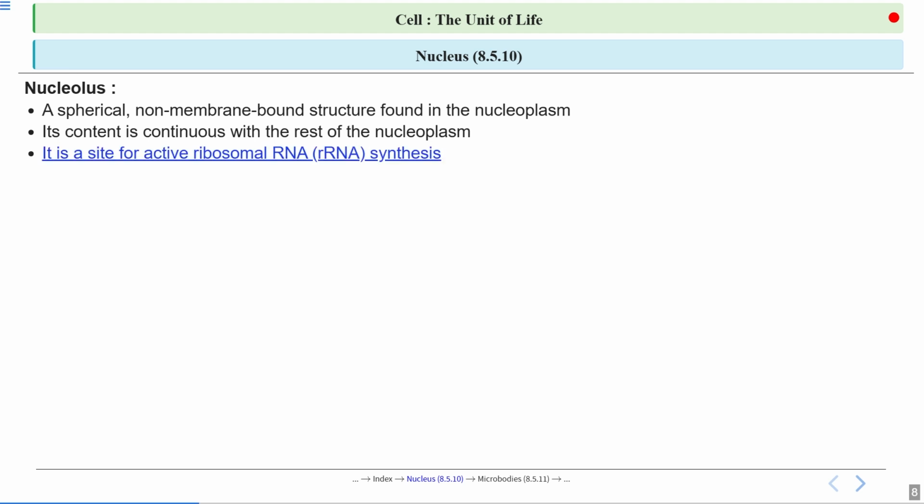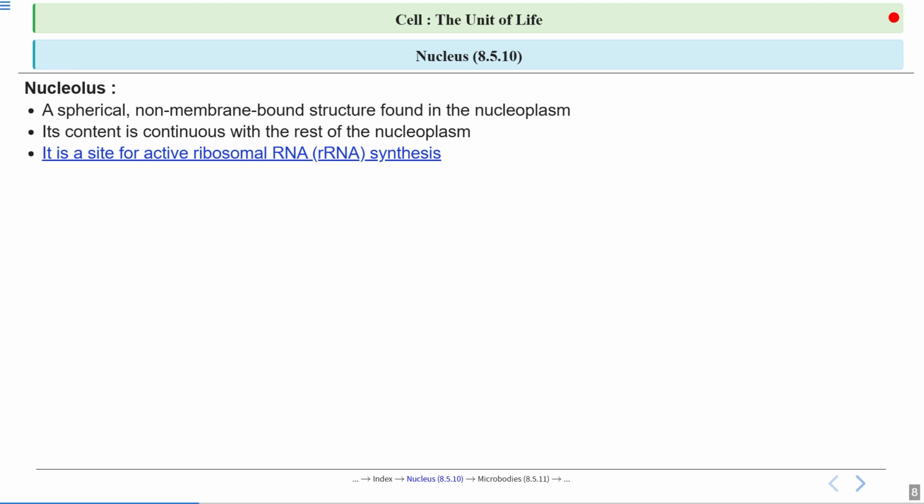So nucleolus, what is the function? It is a site for active ribosomal RNA synthesis. So synthesis of ribosomal RNA is done within the nucleolus. And we all know that ribosomes are made up of ribosomal RNA.